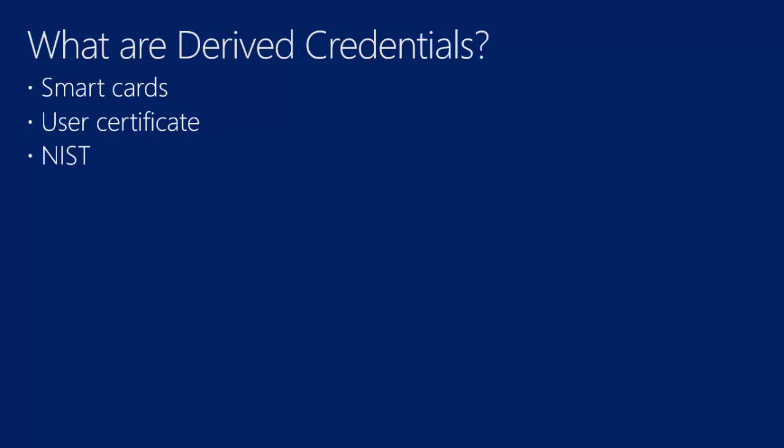You can think of it as deriving your credentials for use in those scenarios from your PIV card, at least that's the way that makes sense to me. This process is an implementation of the National Institute of Standards and Technology's guidance on using PIV credentials. So that's where this came from, and that's what we adhere to. And so that's what derived credentials are.